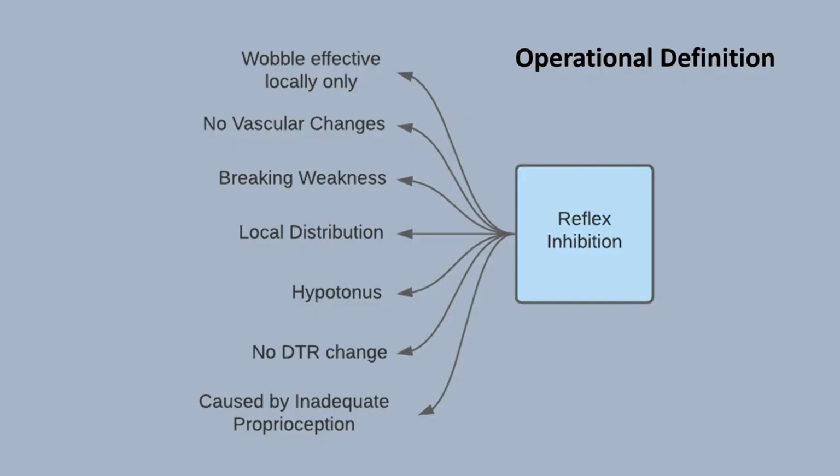In my experience, reflex inhibition dominates the picture locally to the cause, while segmental facilitation effects are seen in a segmental distribution, that is, non-locally.